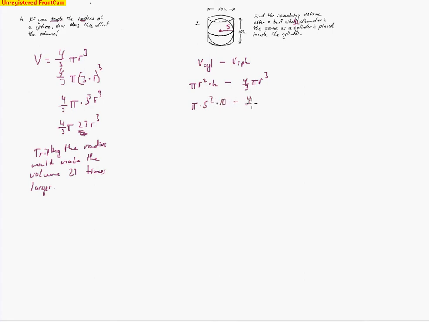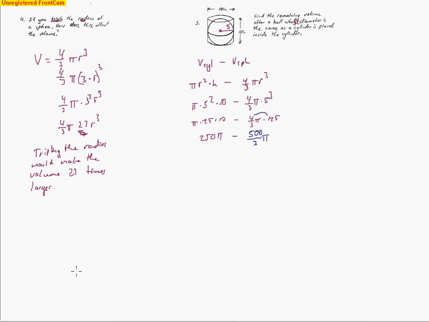And here we have 4/3 pi times 5 to the 3rd power. So doing some work here, 5 times 25 times 10 gives me 250 pi. And then on this side, we've got 4/3 times pi times 125. So when I multiply the 4 by 125, I end up getting 500 over 3 pi.